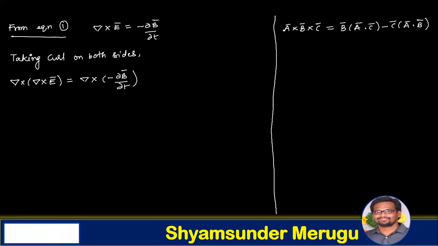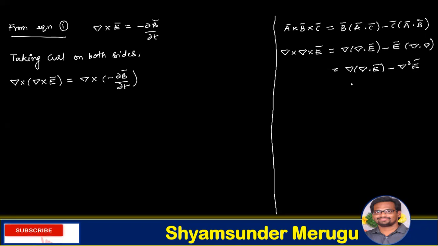Here A represents del, B represents del, and C represents E bar. So we are expanding that term as del cross del cross E bar, which is equal to del of del dot E bar minus E bar of del dot del. So we can write this as del of del dot E bar minus del square E bar here.